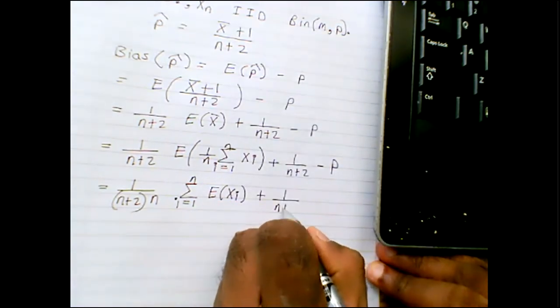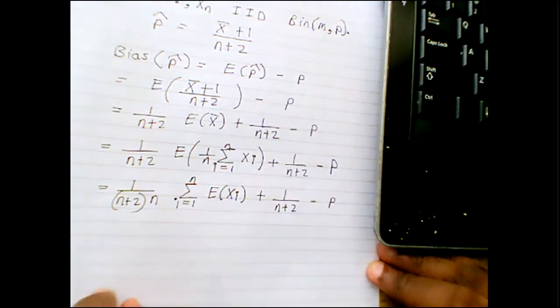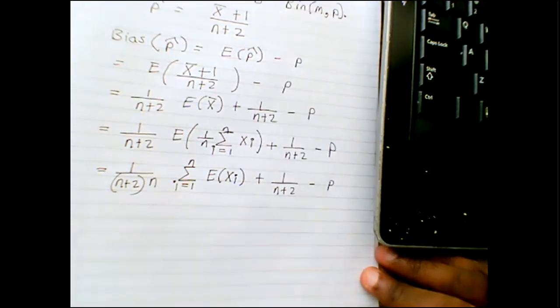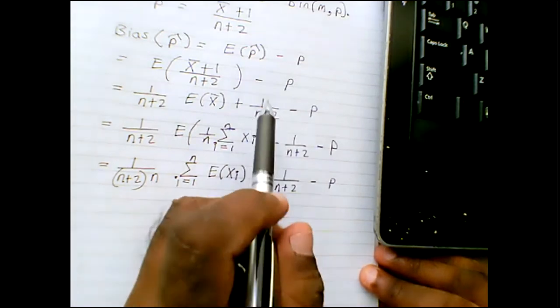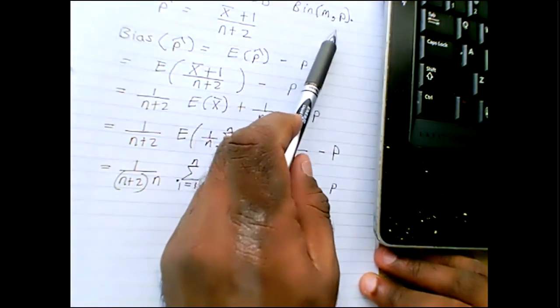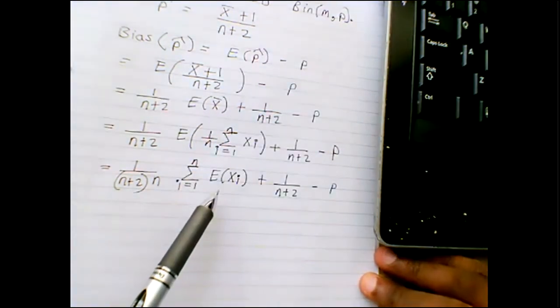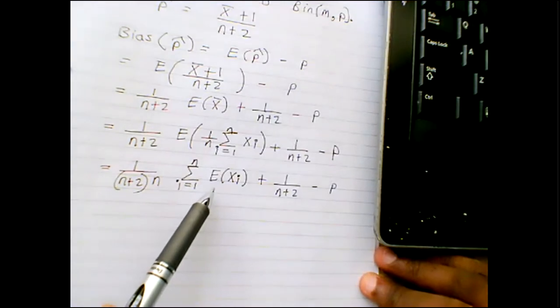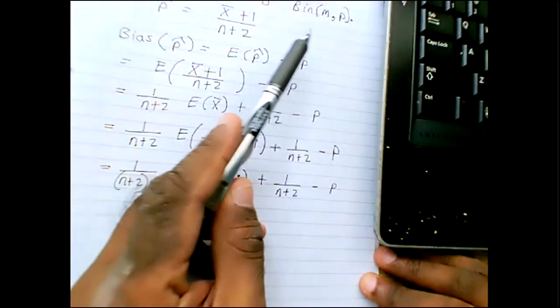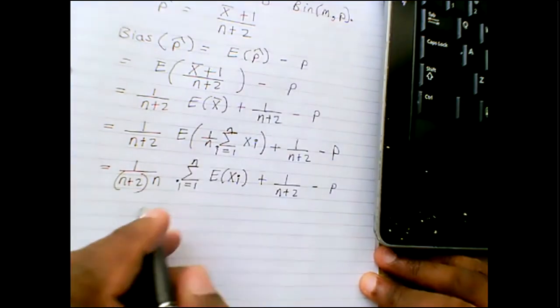Remember, for a binomial variable with parameters m and p, I'm sure you know from probability 1 that the expectation of a binomial variable is m times p.